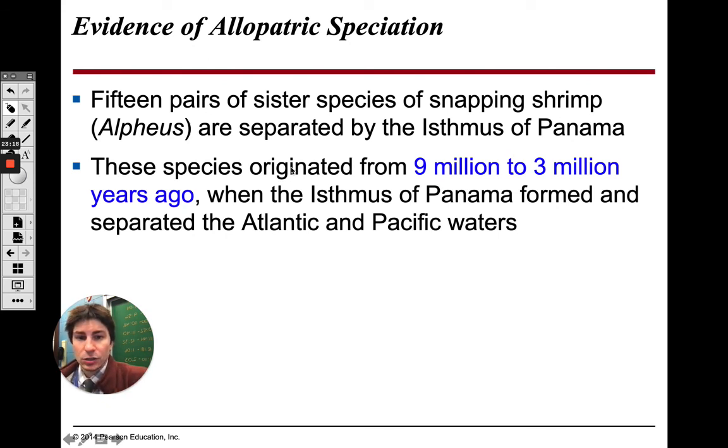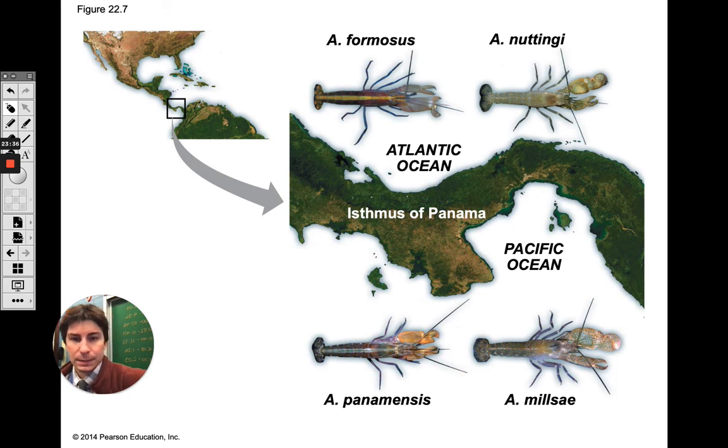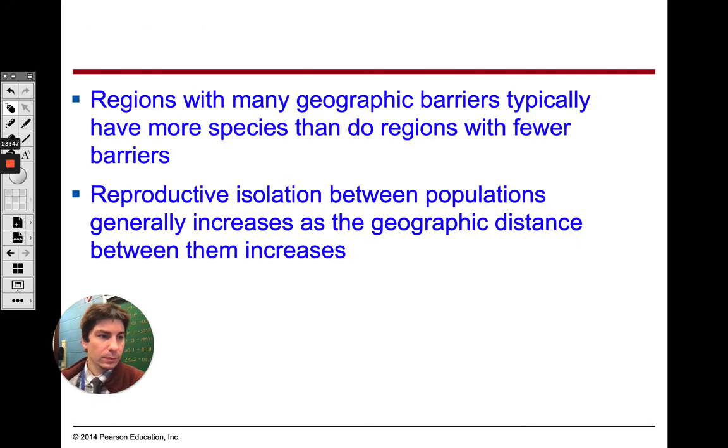Back a while ago, it was probably all one area, and then the different islands started to form, and so the shrimp became isolated. Here's kind of what happened here. We had this area, and we have our different shrimp on both sides.